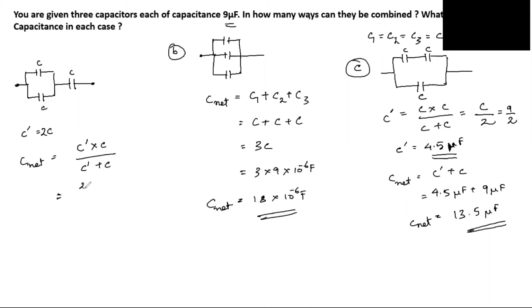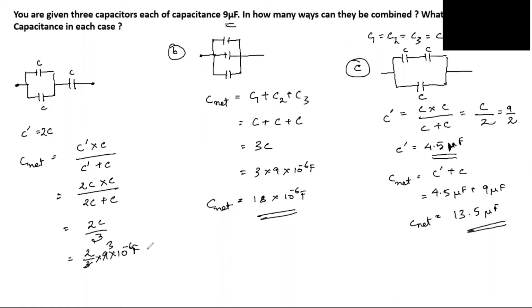And C dash is how much? 2C, multiplied by C, over 2C plus C. So you get 2C by 3. So 2 by 3, now we know this C value, which is again 9 microfarad.